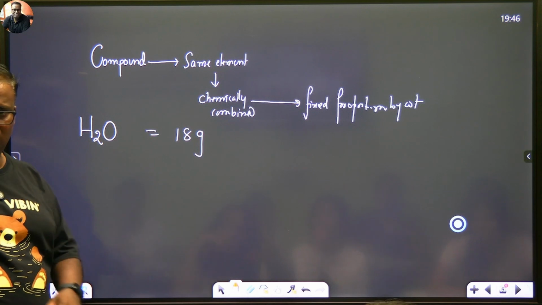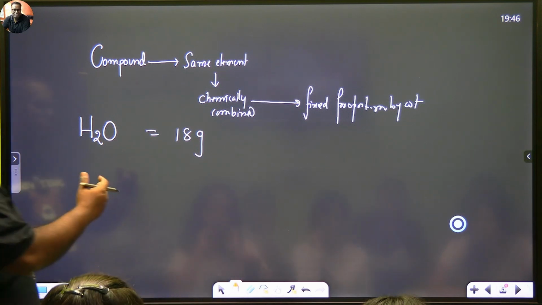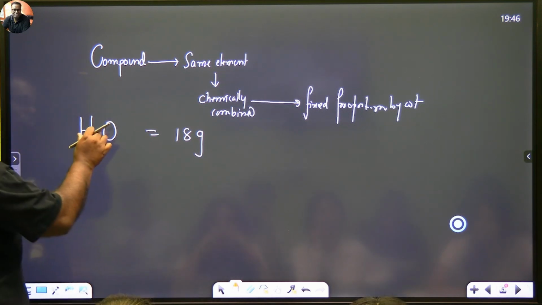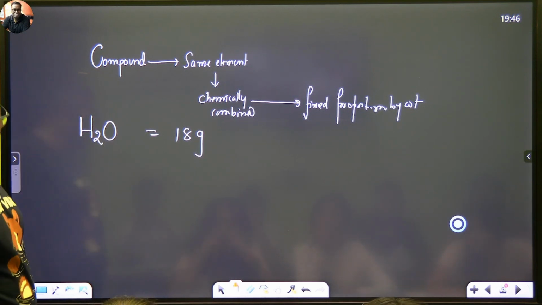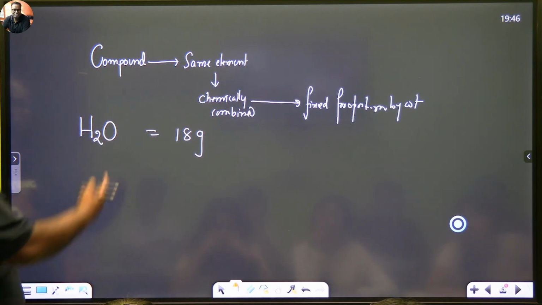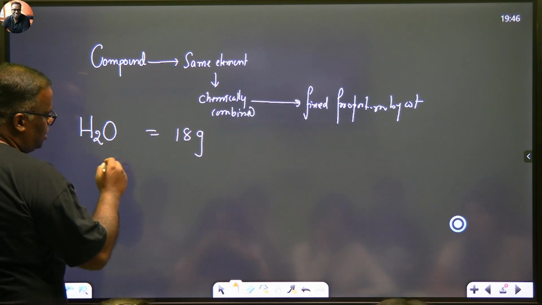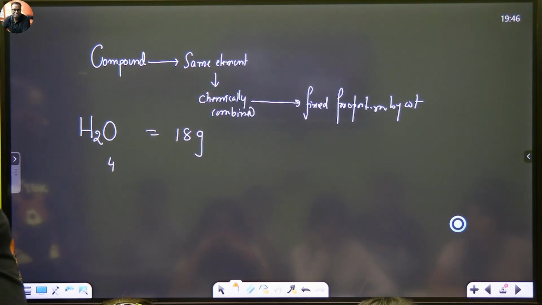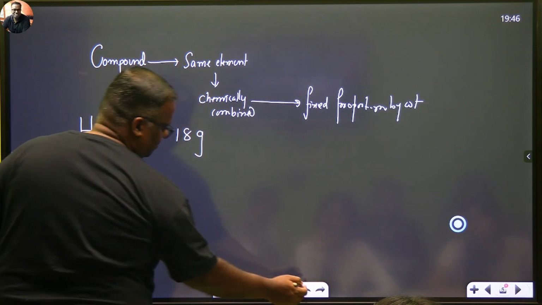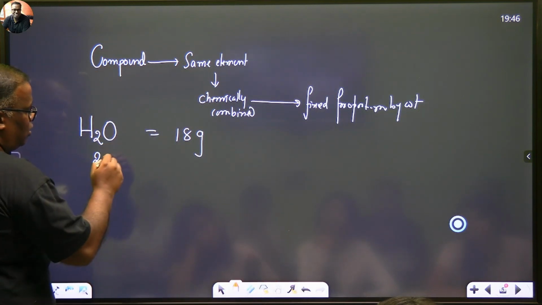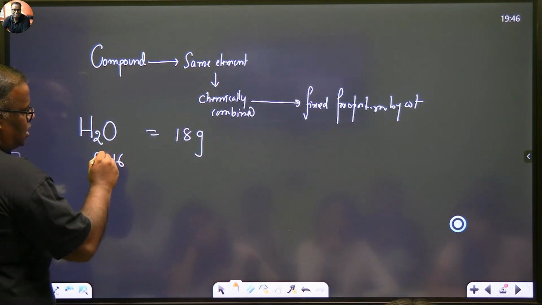Is this understood? In this 18 grams, now let us find out how much is hydrogen and how much is oxygen. Okay? So just see, hydrogen is how much? 4. No, sorry, 2. Hydrogen is 2 and oxygen is contributing 16.